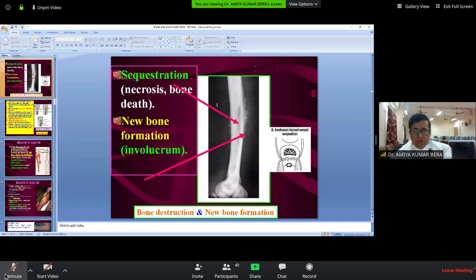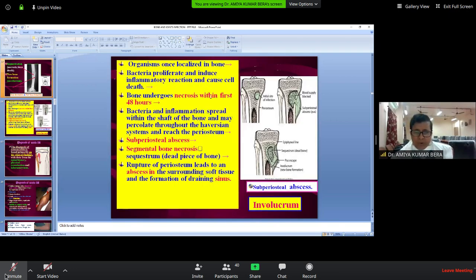Necrosis occurs within the first 48 hours. If subperiosteal pus is found, then we can be sure that the bone inside is also involved, so the pressure is already released.